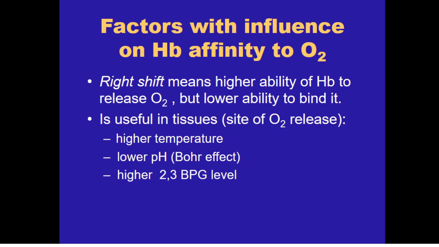Lower pH, the Bohr effect, helps to release, and also a high concentration of 2,3-bisphosphoglycerate, because tissues all the time exist at a lower partial pressure of oxygen, of course, than lungs. But if it is decreased by some factors, it's understandable that it's a signal to release more oxygen to compensate for the hypoxia that appears.